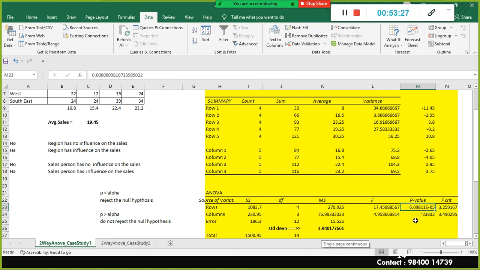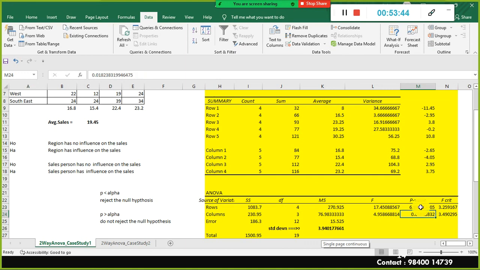If the p value is very less, then it is highly statistically significant, which means we have stronger evidence that we can reject this null hypothesis, since the p value is very less.